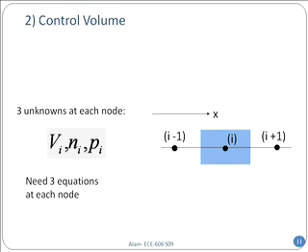So that's why I wanted to know the derivative at the midpoint, because that will help me. And this volume here in numerical discretization is called a control volume. Control volume essentially, you just focus on this, write all the equations for one node and essentially just copy and paste for every other node. Then you are done.